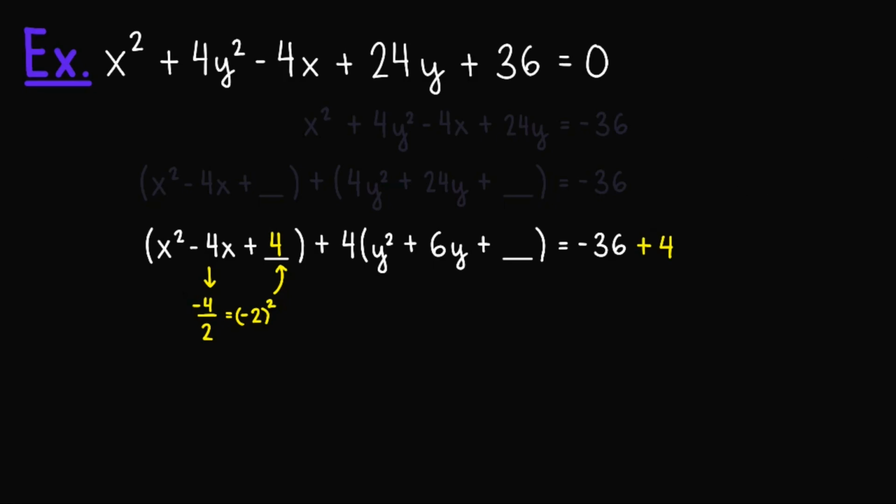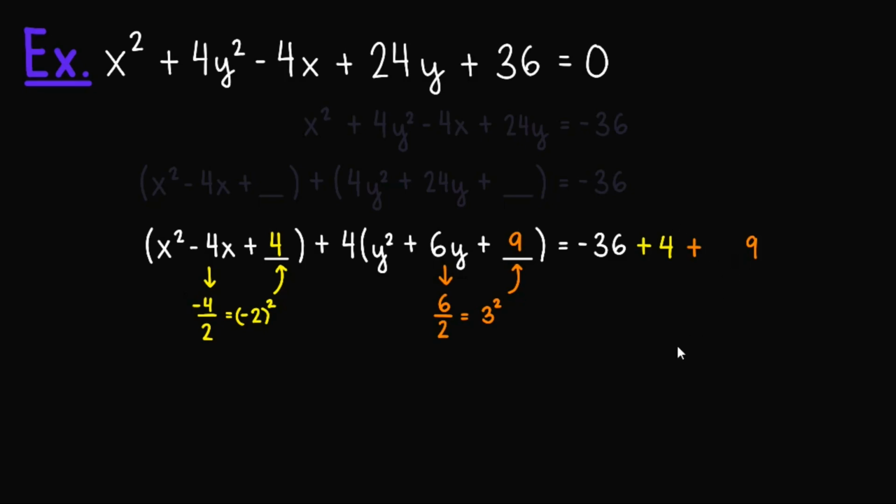Let's now move on to the second group. Again, we focus on the coefficient of the middle term. We divide this by 2, so we have 6 divided by 2. This will be 3. Take the square, and that would be our last term. 3 squared is equal to 9. So this is now a perfect square trinomial. And like what we did earlier, since we add 9 here, we add 9 as well on this side.